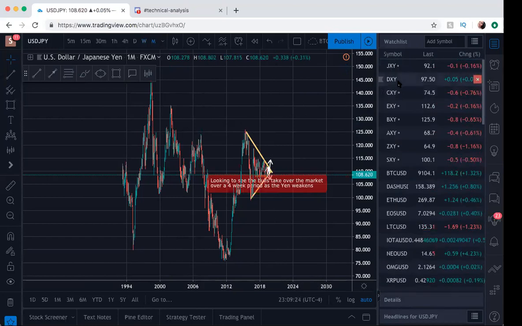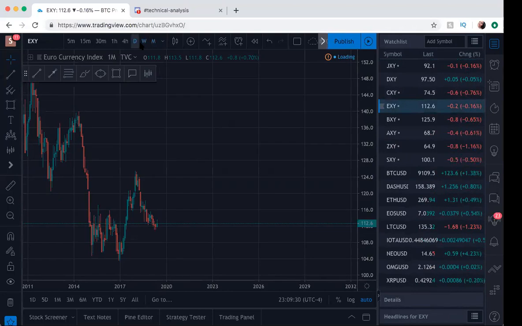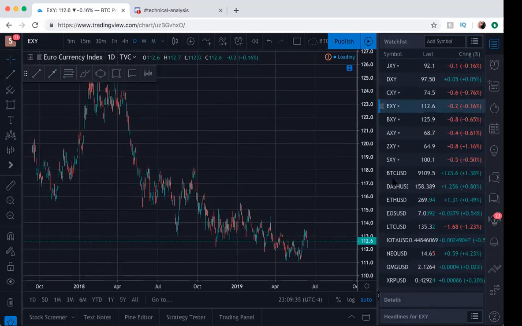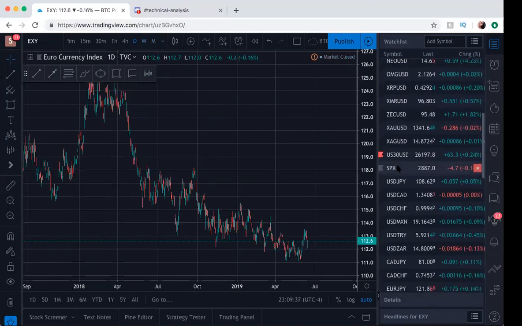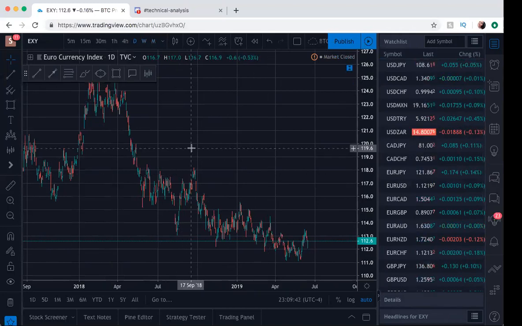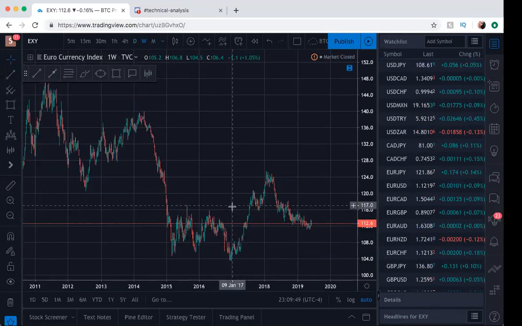And yeah, so back to top down, you want to be starting your analysis on these currency indexes. And if the currency index is kind of choppy and you can't really make sense of it, you can still trade these, but trade them with more caution. Like with Euro, the EXY, it's in kind of this bearish move. Where it's going to stop, no one really knows.